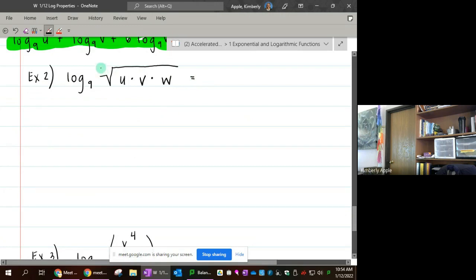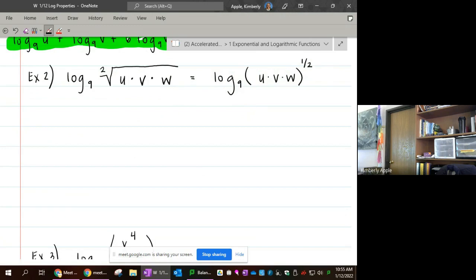Remember, this is a square root, so it's the second root. So I can rewrite this as the log base 9 of u times v times w to the 1/2 power. Remember, square roots are to the 1/2 power, third roots are to the 1/3, and so on and so forth. And I do that because I have a power rule. Again, I don't have a root rule, I have a power rule.